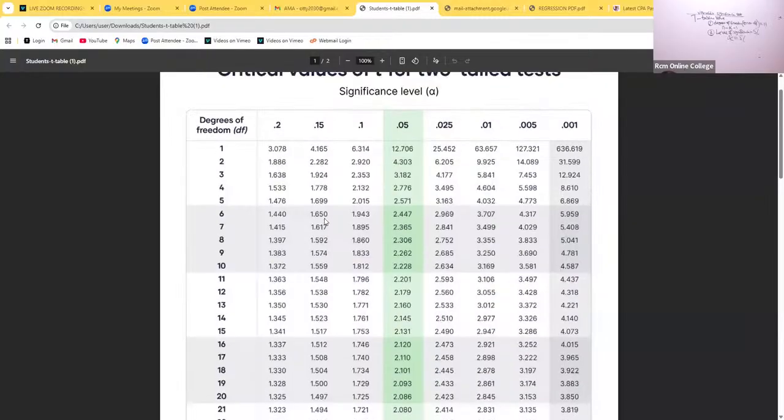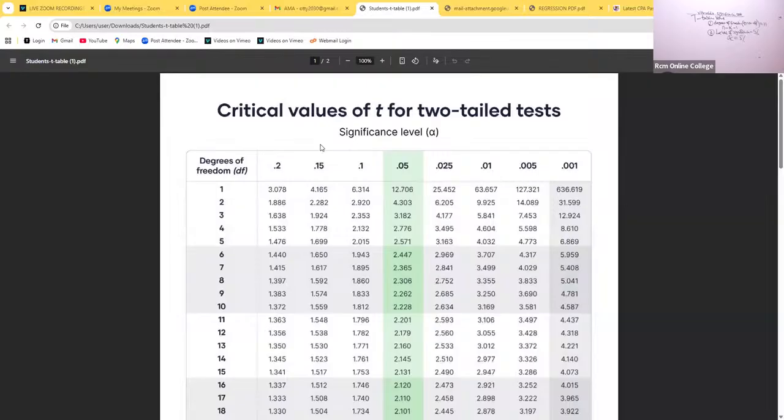You can see here the level of significance, and then the degrees of freedom. We have 11 degrees of freedom. You work with this up to the 5%, which is the same as 0.05. Then the T that we have here is 2.201. We call it T critical.